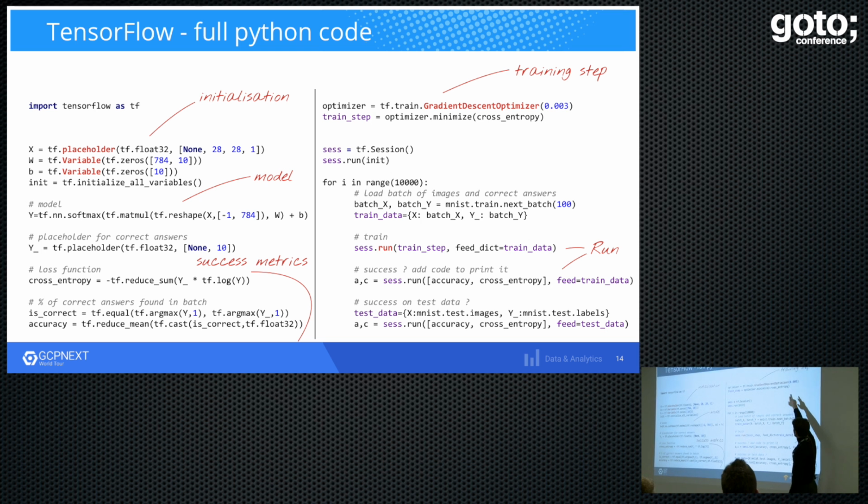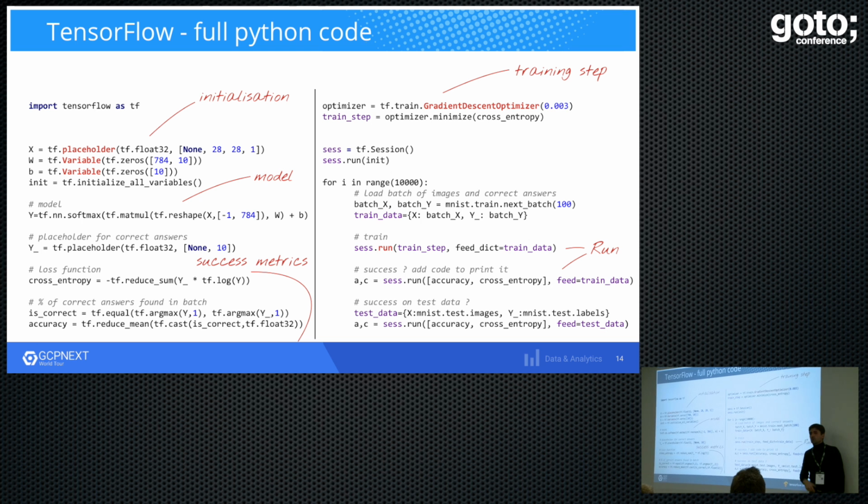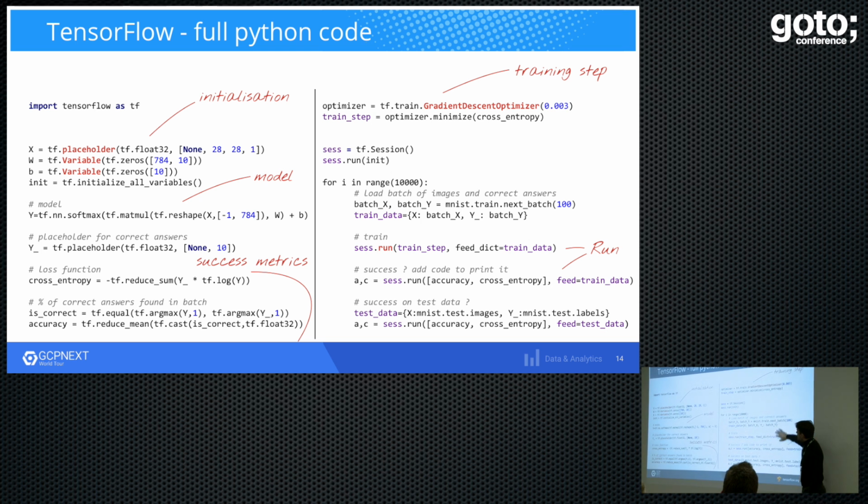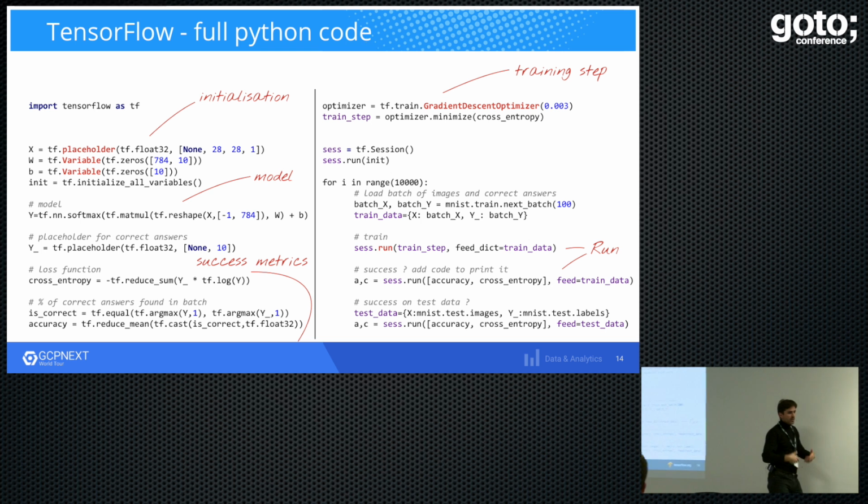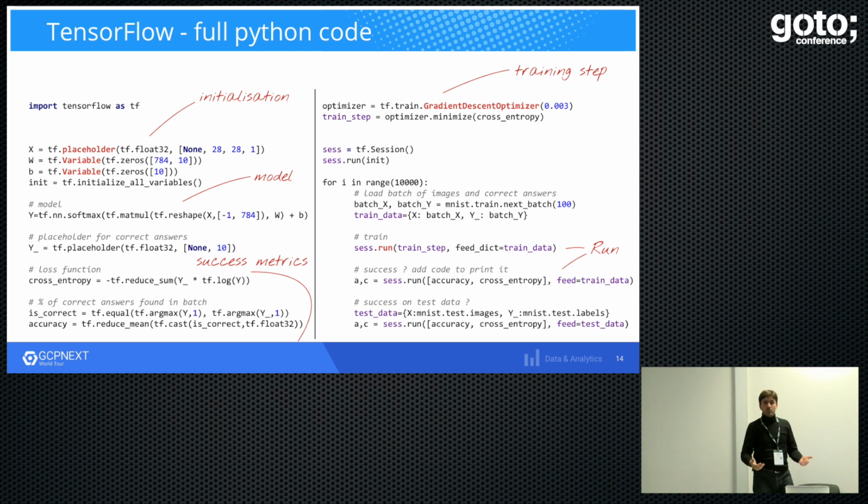Over there, our optimizer, and we ask it to optimize the loss function. And here, in this loop, we take training images and labels and run the training step, which makes our weights and biases evolve until our system is capable of recognizing handwritten digits with a 92% accuracy.